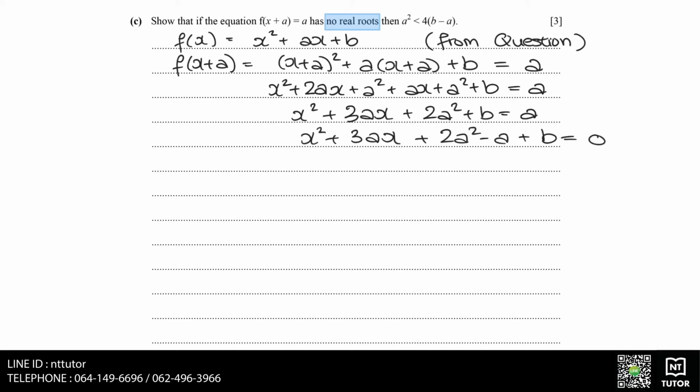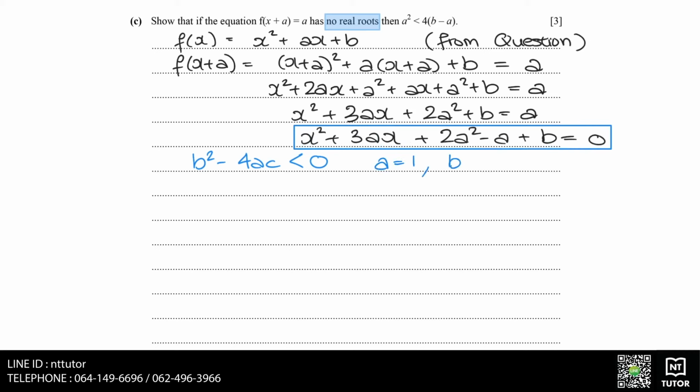Therefore, for quadratics, we know that it has no solutions or no real roots when b squared minus 4ac is less than 0. The expression might look complicated, but for this expression, a equals 1, b equals 3a, and c equals everything that is at the back, which is 2a squared - a + b.